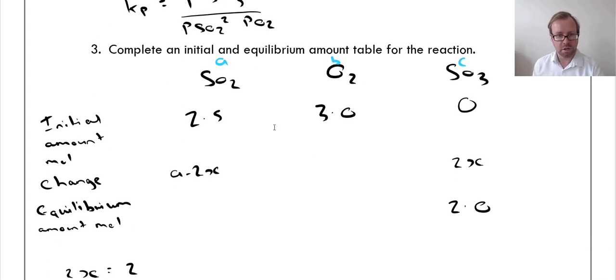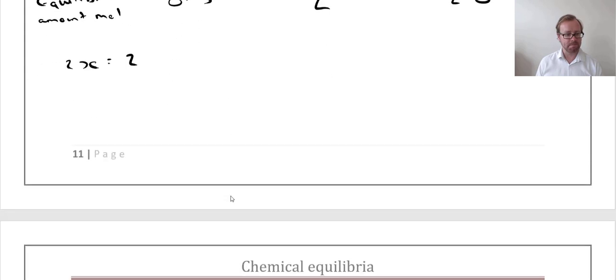Therefore, my change in amount of O2 would be minus x. So I can fill this out. So 2.5 minus 2 would equal 0.5. And here 3 minus x, which would be 3 minus 1, is equal to 2. Hope that makes sense. Hope you got that as well.